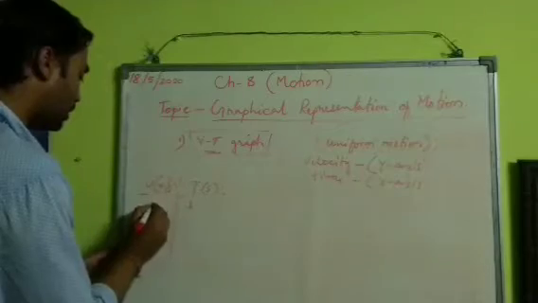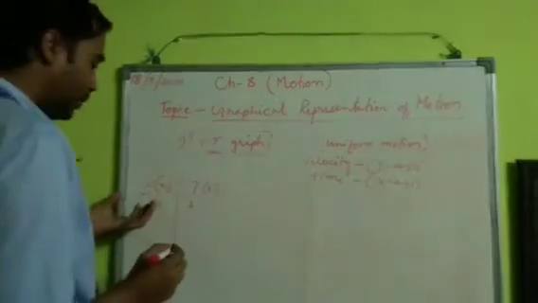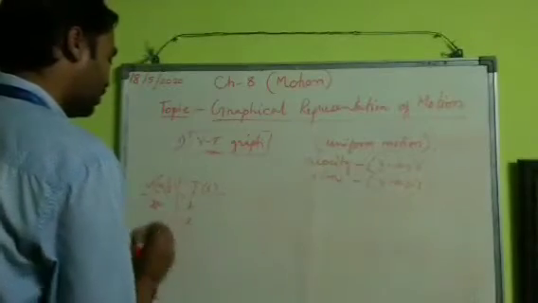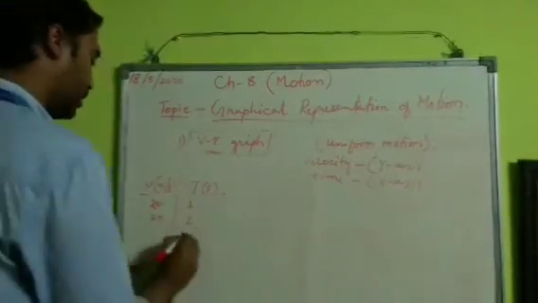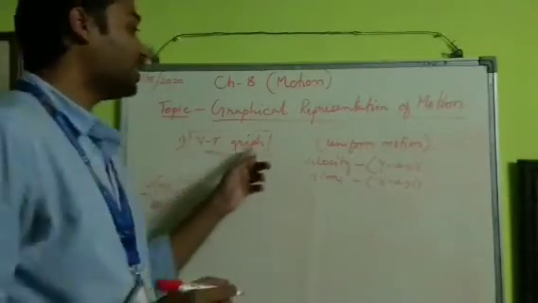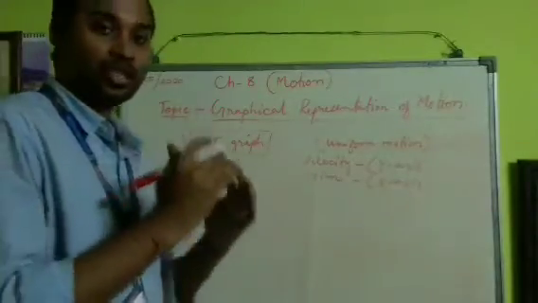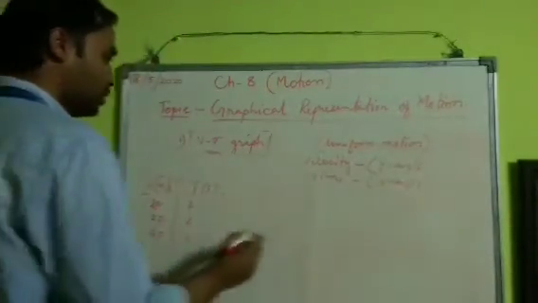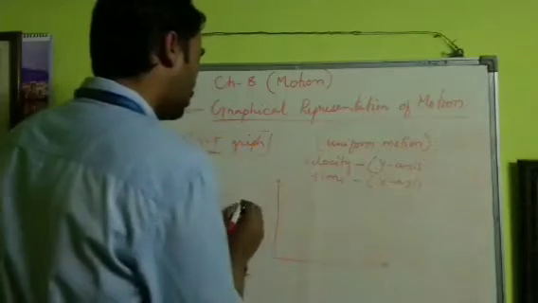Now suppose at the end of first second, the velocity is what? 20 meter per second. Similarly at the end of 2 seconds, the velocity will remain what? Same as 20. Even at the end of 3 seconds, the velocity will remain same. Why? Because it is a uniform motion. Uniform motion means velocity will be constant throughout. So for this type of values, for this type of motion, how can you draw the graph?